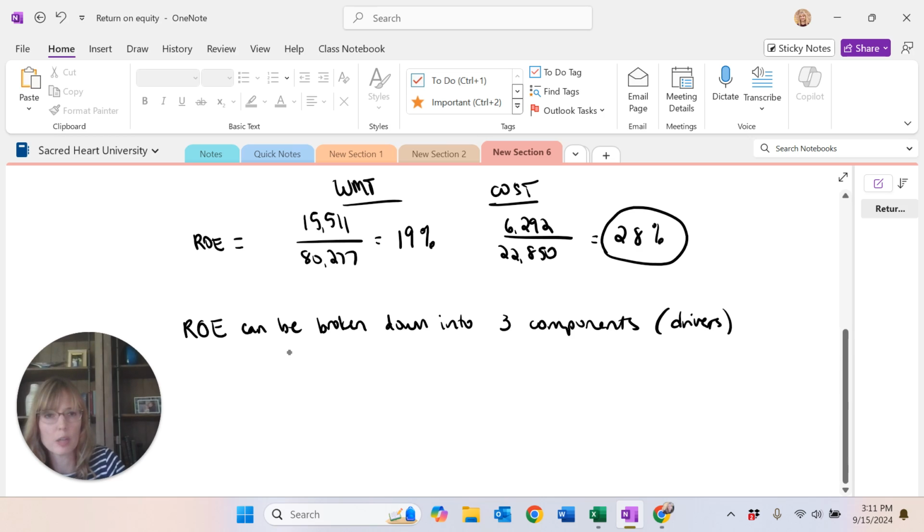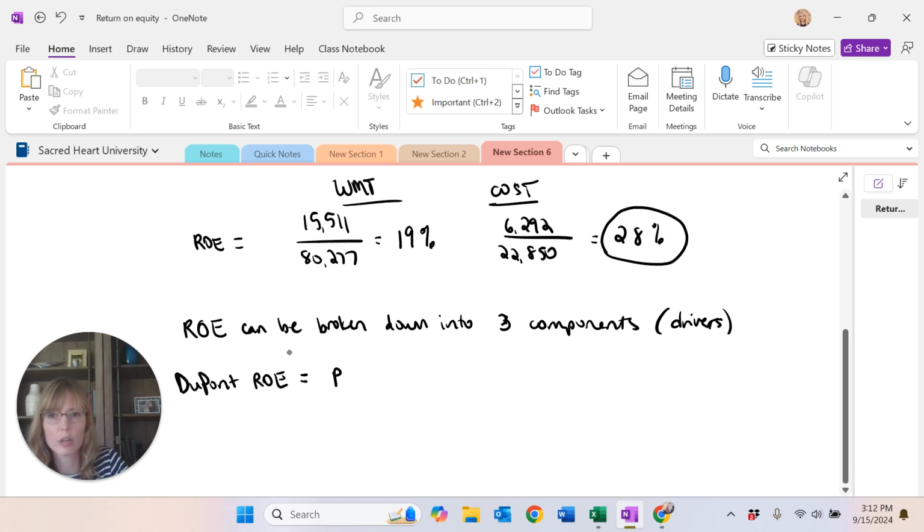Which is helpful because it helps investors and the company's management to get a better understanding of what caused an increase or a decrease in ROE, or why one company's ROE might differ from that of another company's. When we break it down into the 3 components, we call this the DuPont ROE.